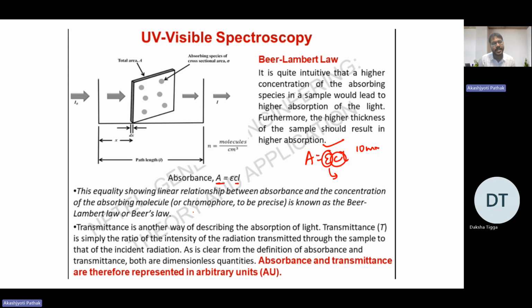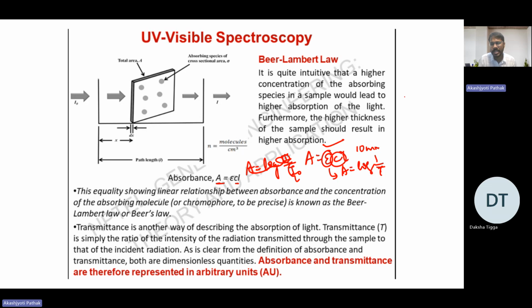So you can either express this in this form, or you can also express it in the form of transmittance. Absorbance is log I naught by I, or absorbance is log 1 by T. And transmittance is what?